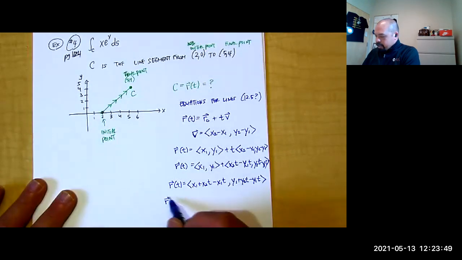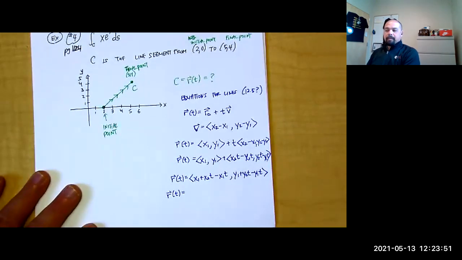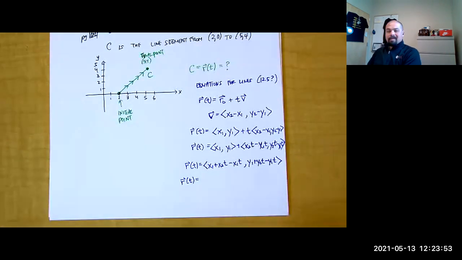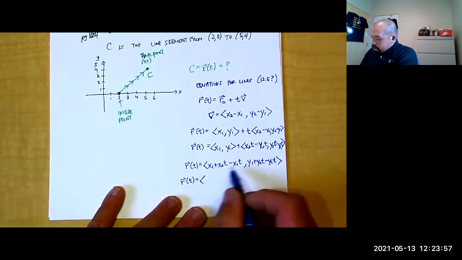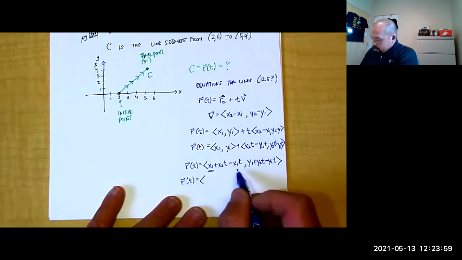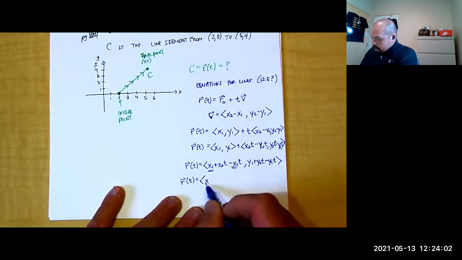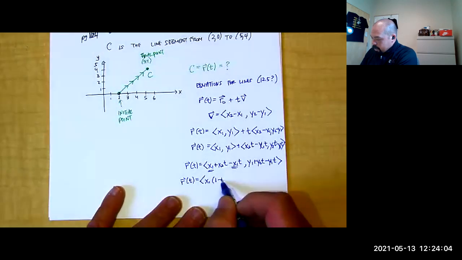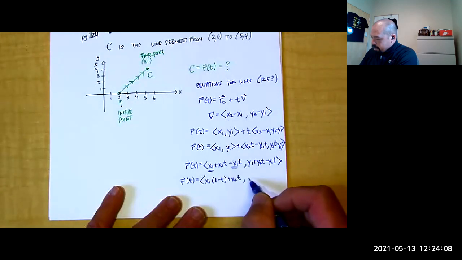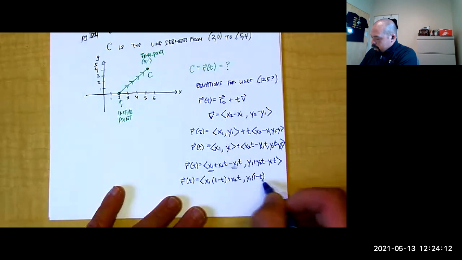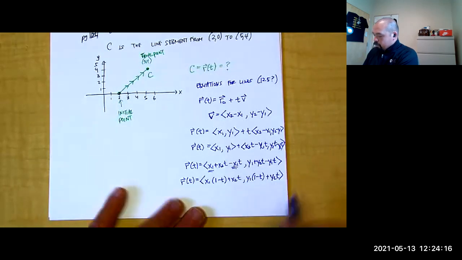A little bit of rearranging. I know it's a long, drawn out process to get to this result, but just kind of seeing how this comes about. What we can start to see though, we can get this kind of x sub 1 times 1 minus t plus x sub 2 t, y sub 1 times 1 minus t plus y sub 2 t.